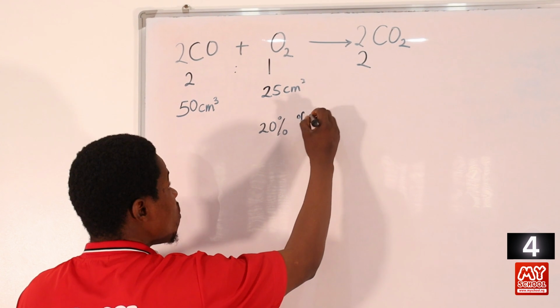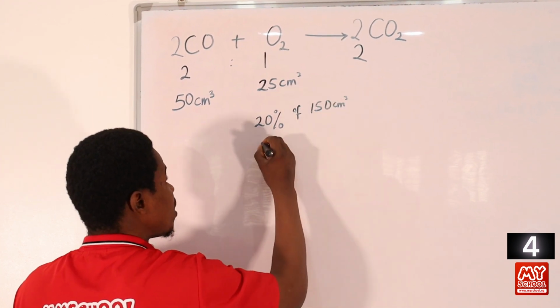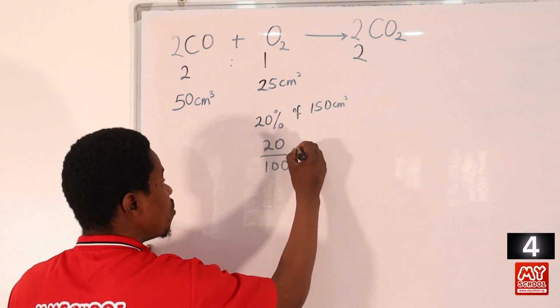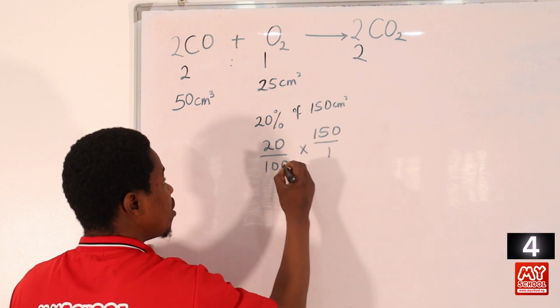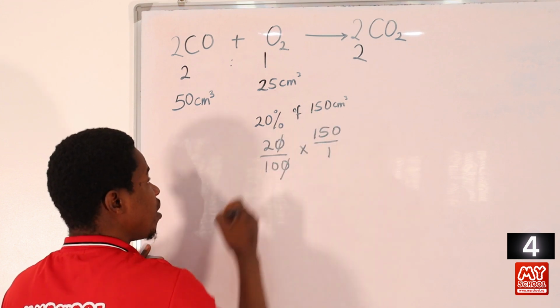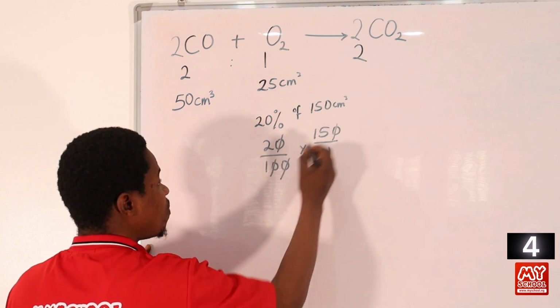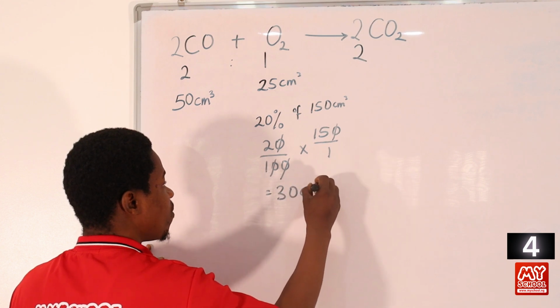So 20% is 20 over 100 times 150 over 1. We have 0 cancels 0 here, this 0 cancels this 0. So we have 2 times 15. So that is 30 cm cube.